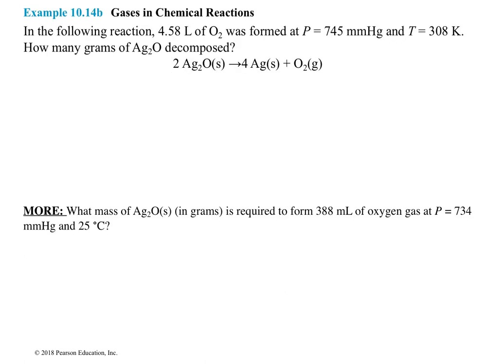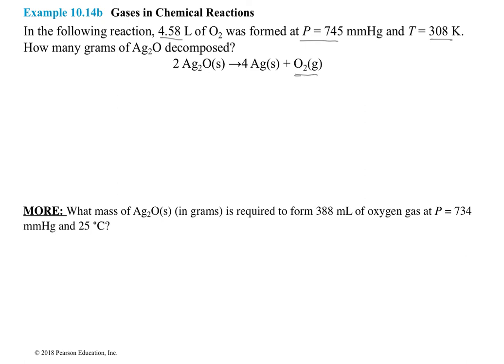Here I have a reaction that has 4.58 liters of oxygen formed at 745 millimeters mercury and 308 Kelvin. How many grams of silver oxide decomposed? So I have a lot of info for oxygen gas.